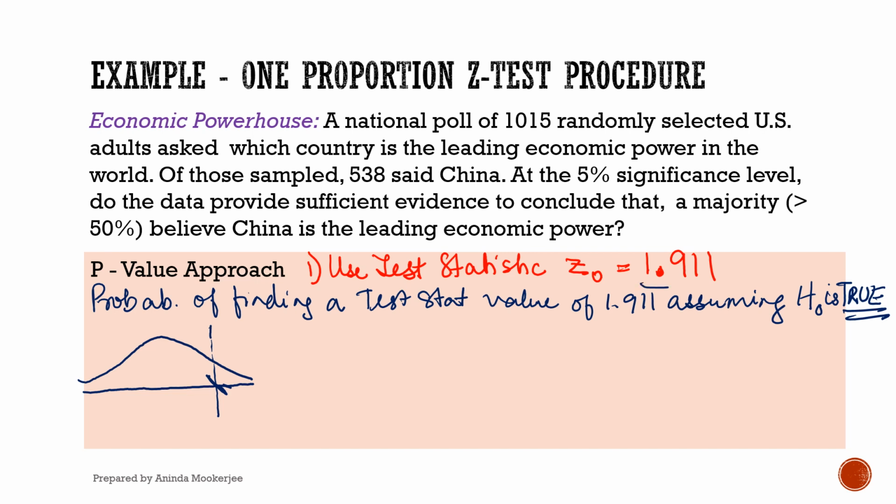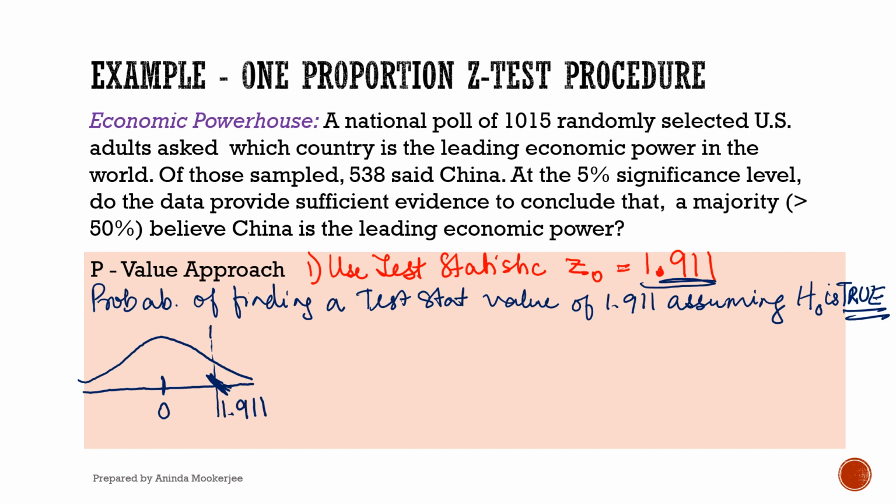You first show where the test statistic falls on your normal curve. Let's say this is the point where 1.911 is. We have a 0 at the center, and a test statistic value of 1.911 based on our sample study.